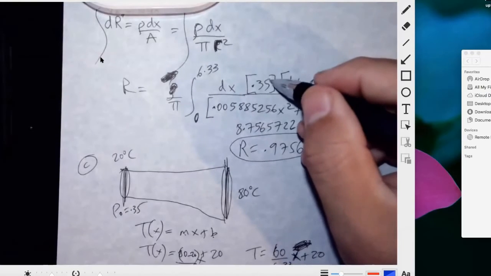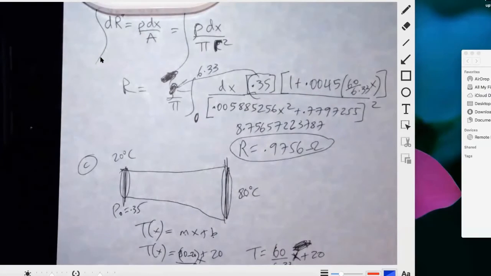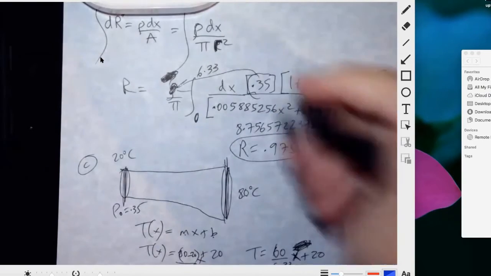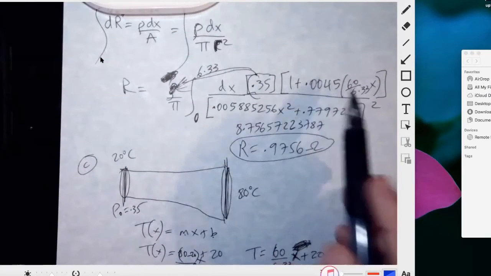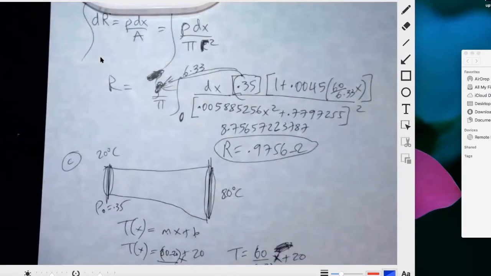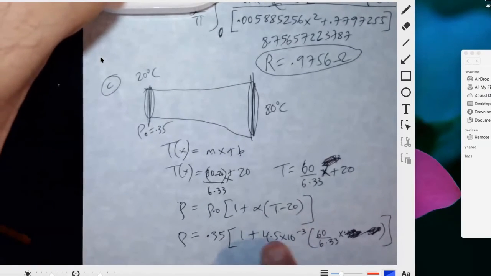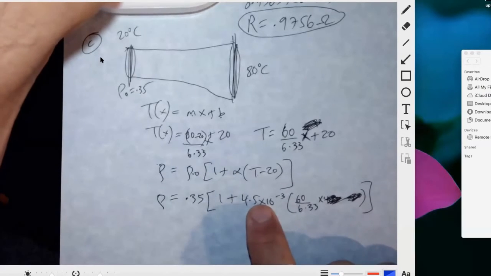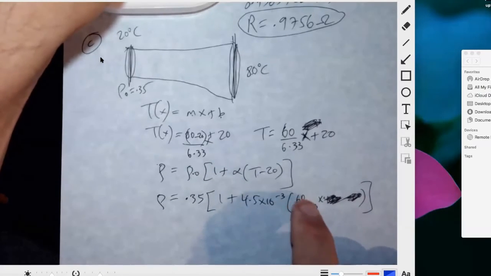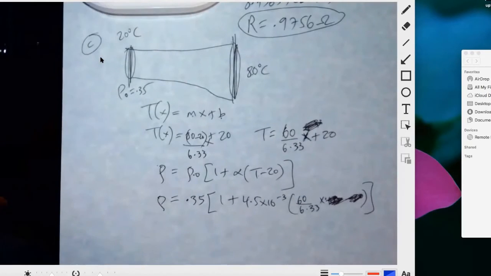I guess you could still take the 0.35 out. Yeah, let's just take the 0.35 out. But this part you can't take out. 1 plus 0.0045, the 60 over 6.33x. That part has got to stay.